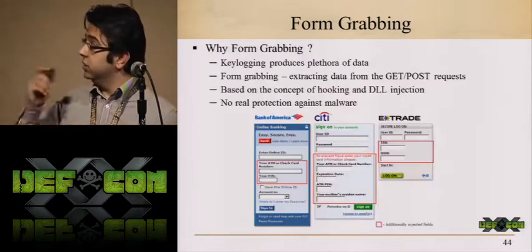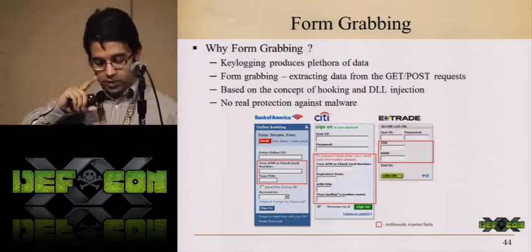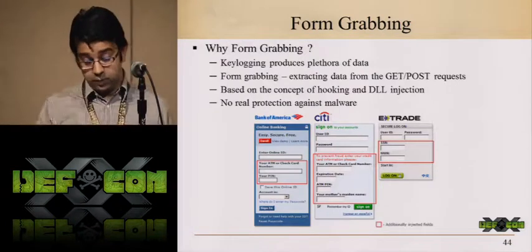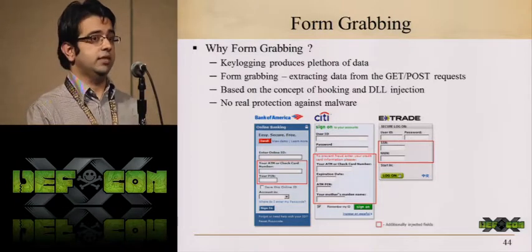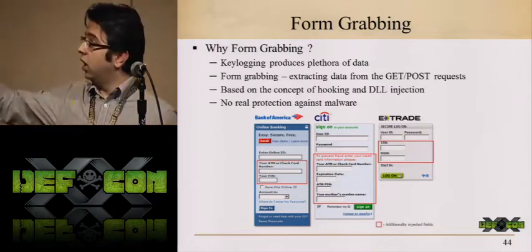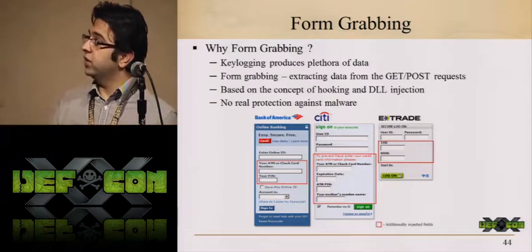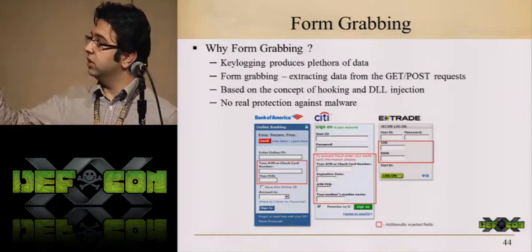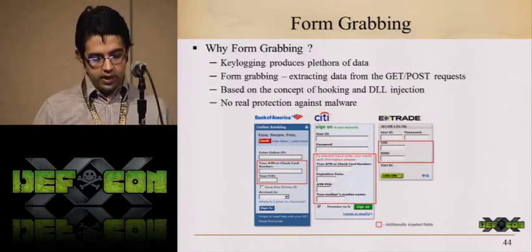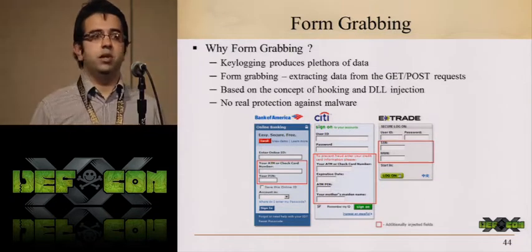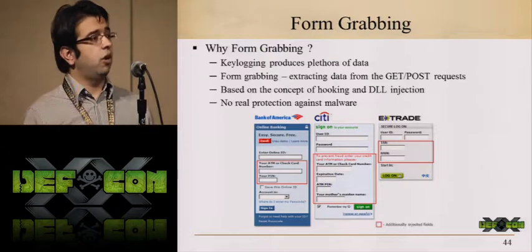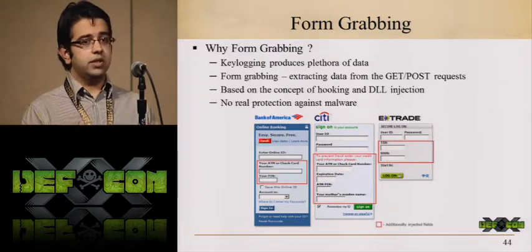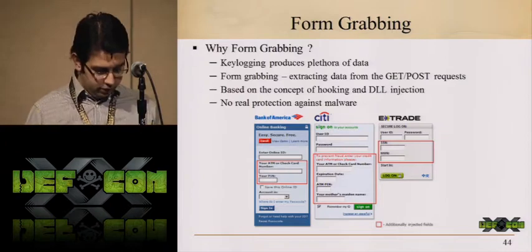This shot I have taken from the internet, but it was a pretty good explanation of form grabbing as well as web injects. With web injects, you can inject an illegitimate input box which asks you for your PIN number, your ATM number, and things like that. When you submit that information, the bot inside the infected system hooks it and sends it back to the command and control server.